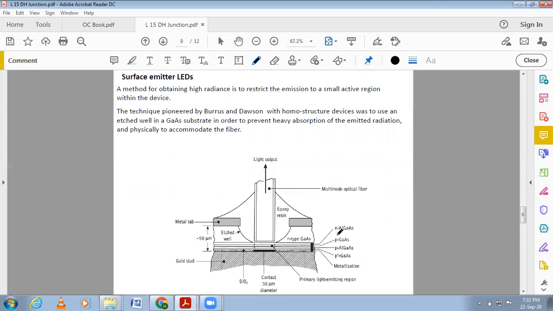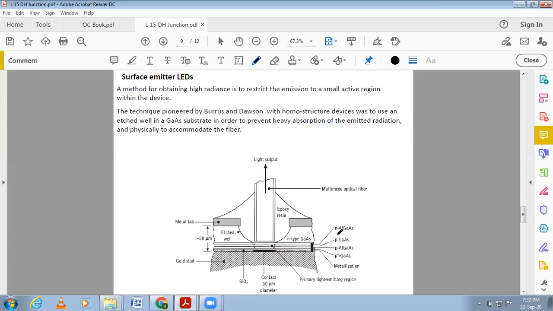The technique pioneered by Burrus and Dawson in a homostructure device was to use an etched well in a gallium arsenide substrate in order to prevent heavy absorption of the emitted radiation and physically to accommodate the fiber.